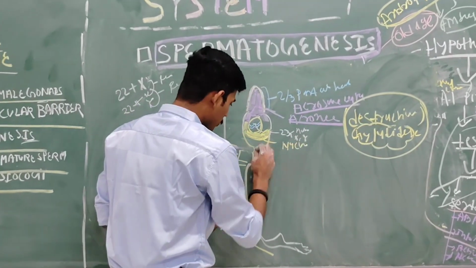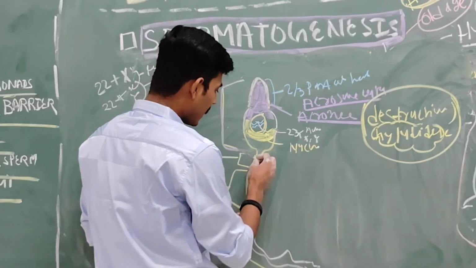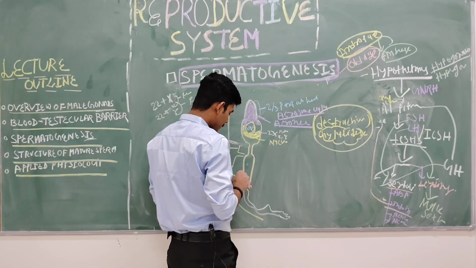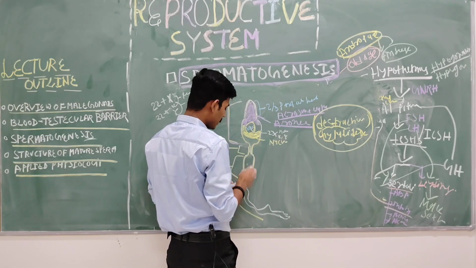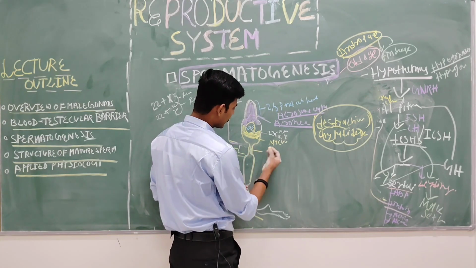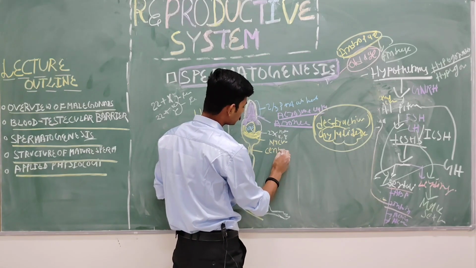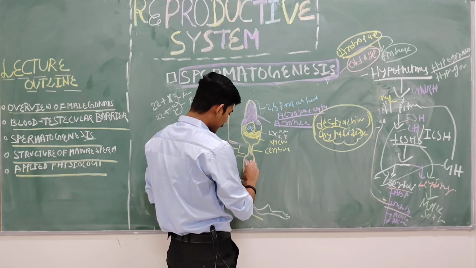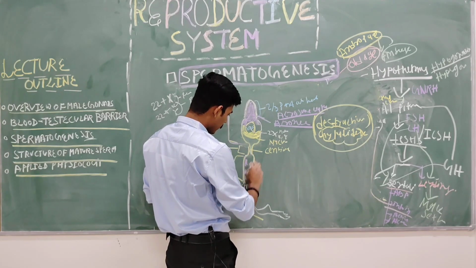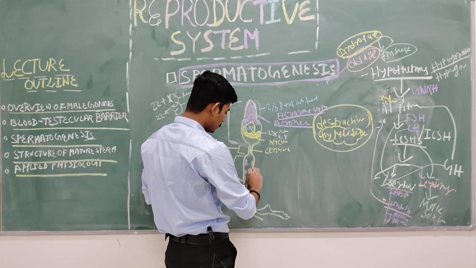Now this neck portion carries the centrioles, which help in cell division. So this neck region has the centrioles. Now this middle piece carries plenty of mitochondria. Sperm needs nutrition.